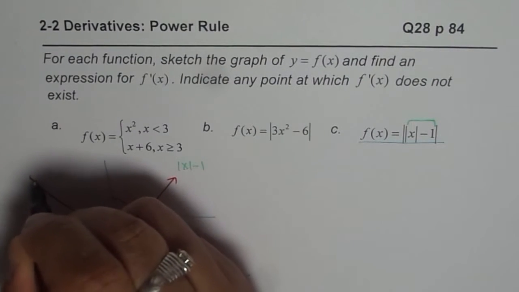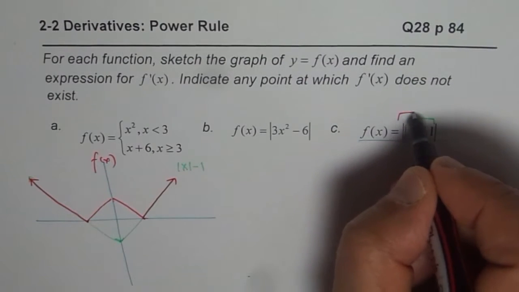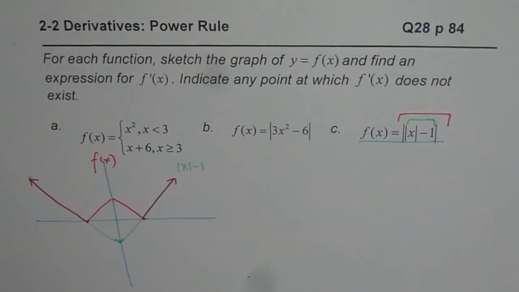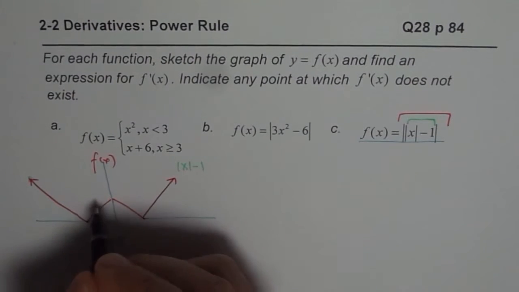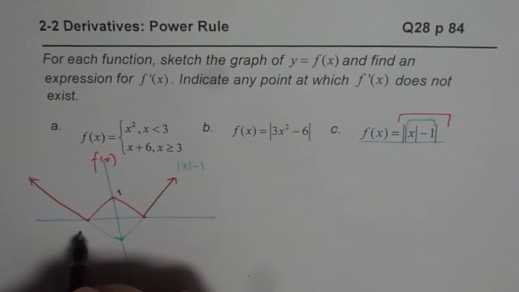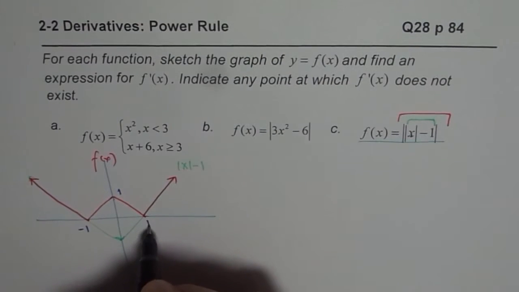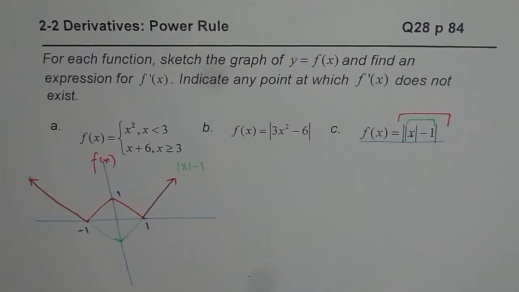So f of x is always positive and looks like this, where the local maximum is at 1, and if I write x as 1, you get a 0 or minus 1, right? So that is how the function is.